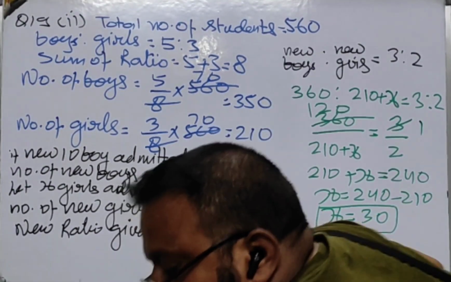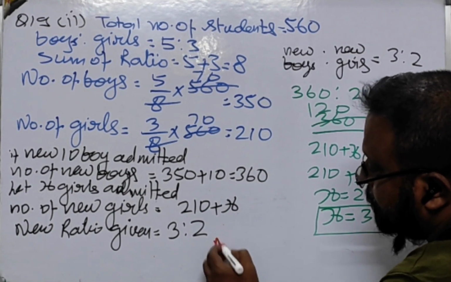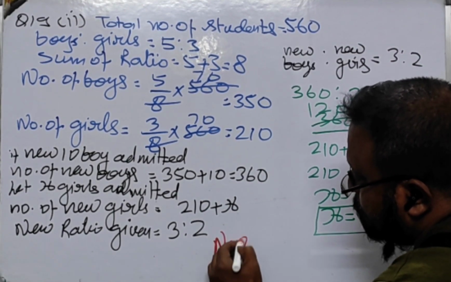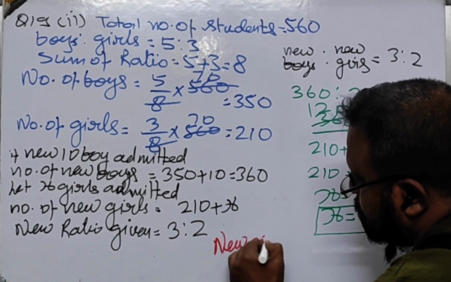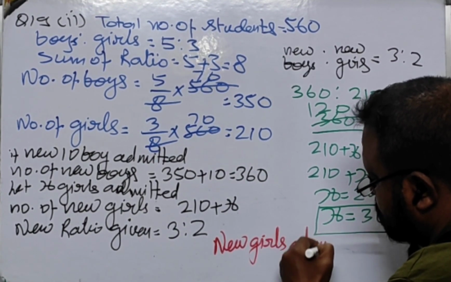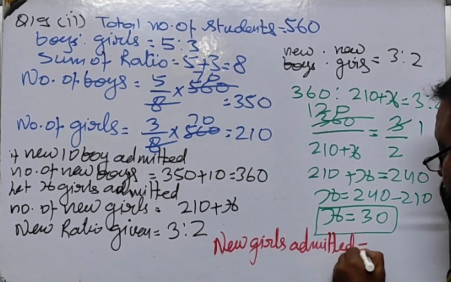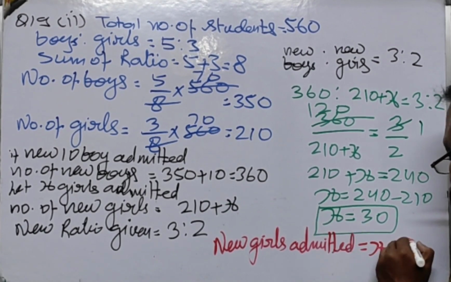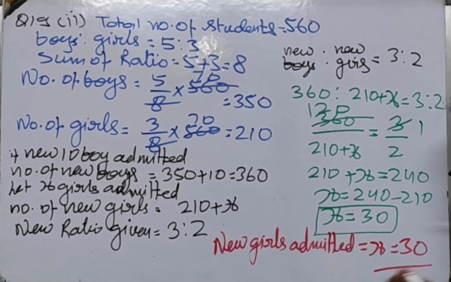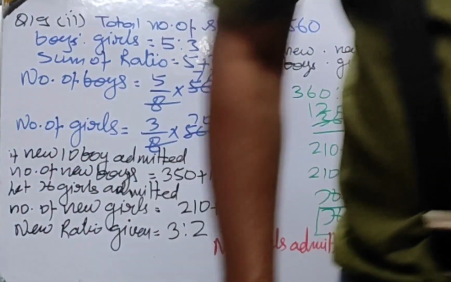So therefore, new girls admitted is equal to X is equal to 30. This is your answer. I hope you get it. Can you check the answer, please?